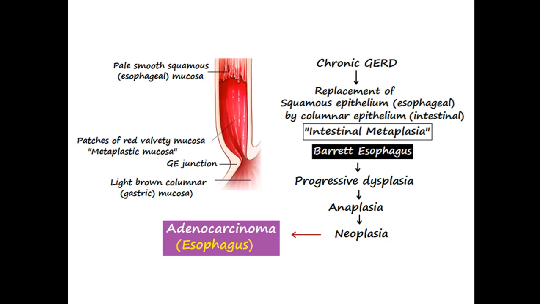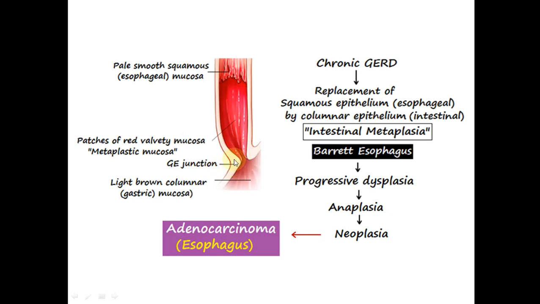So in this picture we can see that this is the squamous epithelium, but in this area the squamous epithelium has undergone metaplasia, and the red velvety mucosal patches of the metaplastic mucosa can be seen.